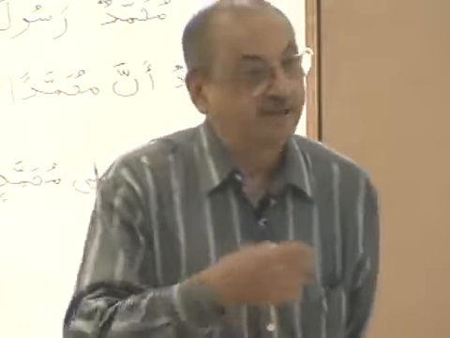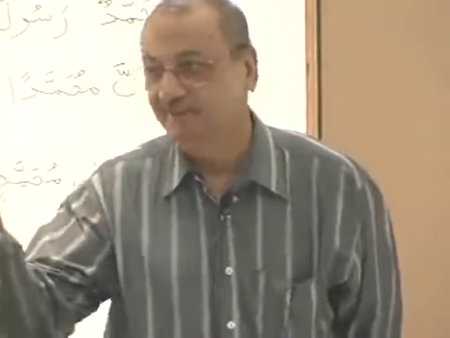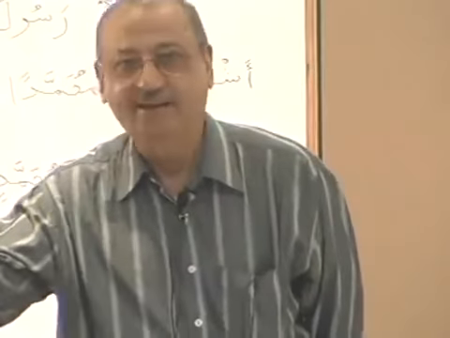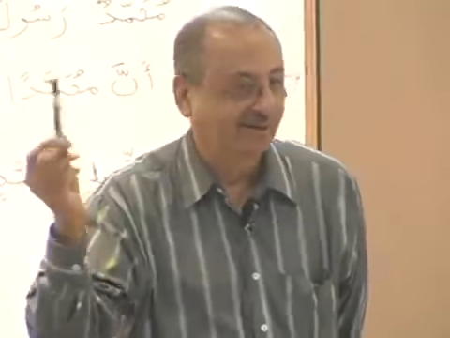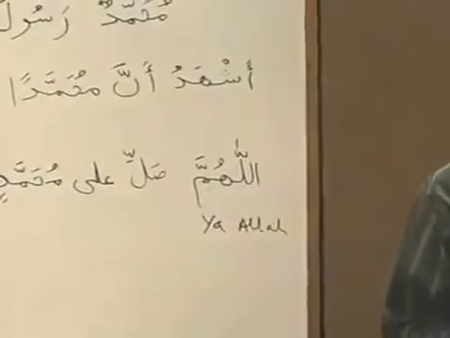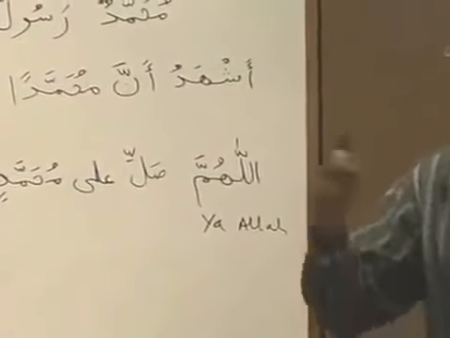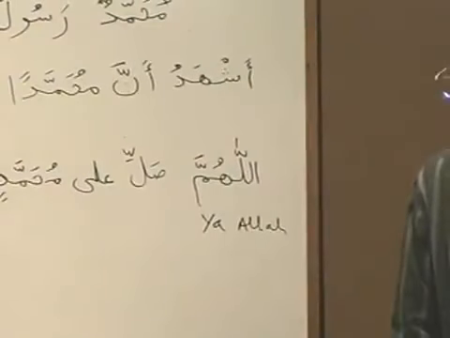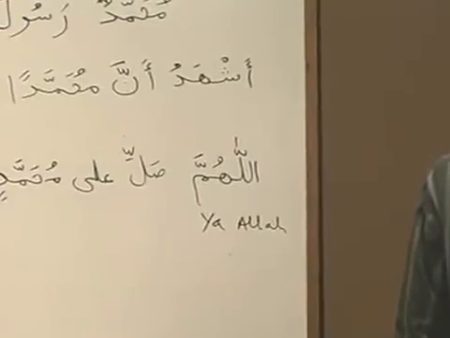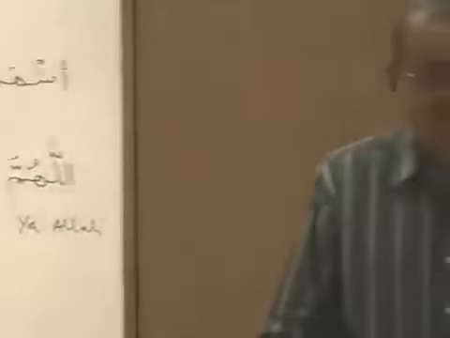Human beings have intelligence. But things have no intelligence. Pen doesn't have intelligence. Okay, kitab doesn't have intelligence. We have intelligence. Huh? So anything which is aql, having intelligence, when you want to find out about that, you will use man. When you want to find out about things, you will use ma.